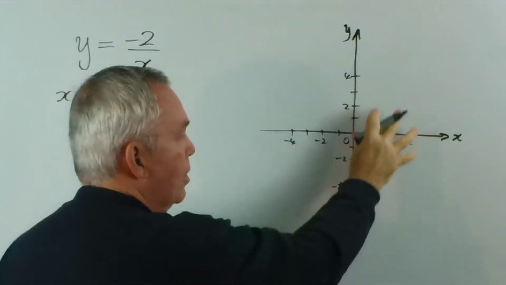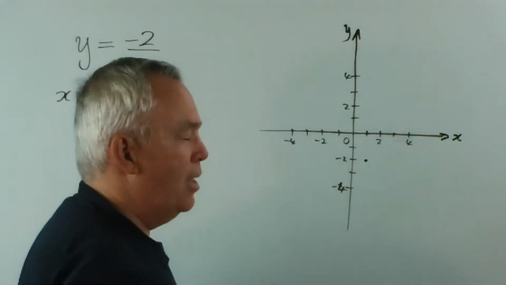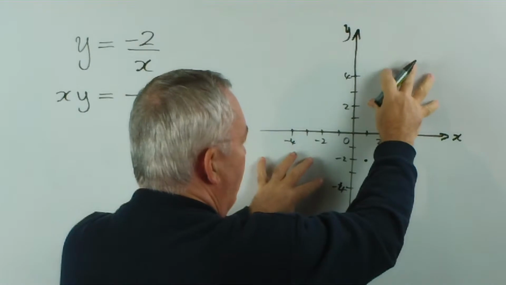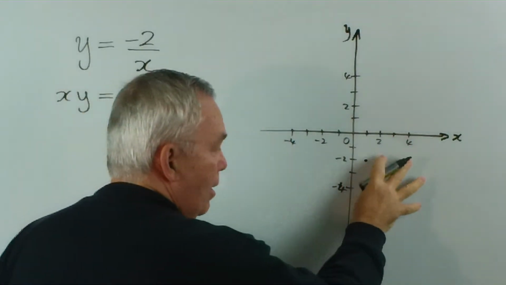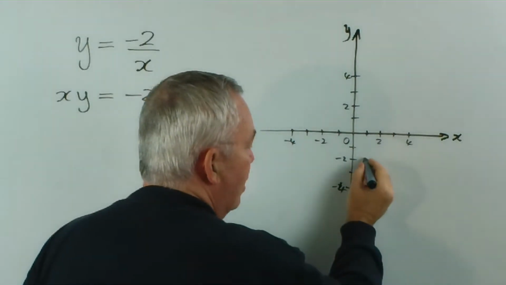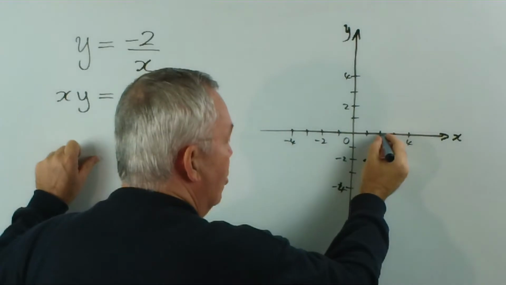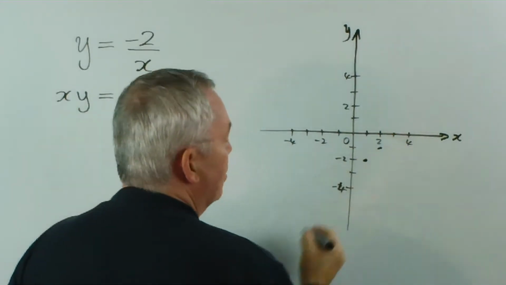By the way, the quadrants are called 1, 2, 3 and 4 just so we can explain where things happen on a graph. But that's where all the graphs appeared in the previous two videos. In this one, it appears down here. Now also, I could multiply 2 by minus 1 to get minus 2.